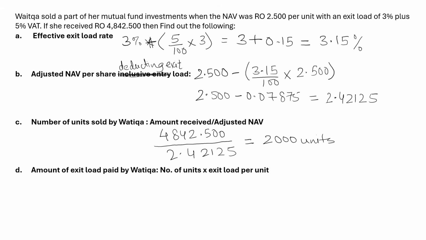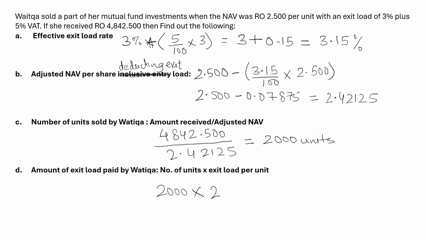Now we will calculate the amount of exit load paid by Vatika. The formula is number of units multiplied by exit load per unit. So how many units are there with Vatika? 2000. Multiply by exit load per unit.